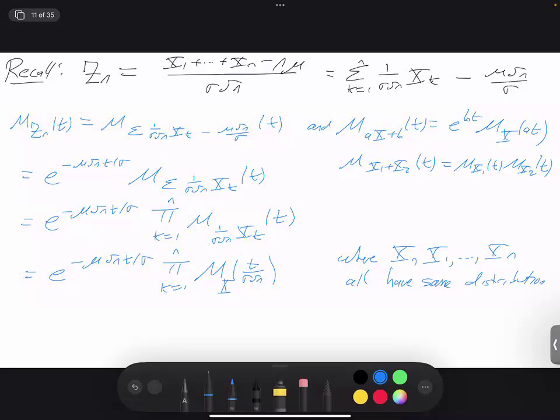The reason is we know that the random variables all are identically distributed. So the x1, the x2, the x3, it doesn't matter. They're all the same. So I'm going to just denote that by x. So this is now the same as e to the negative mu square root of n t over sigma, the moment generating function of x, evaluated at t over sigma square root of n, raised to the nth power. And that is the moment generating function of Zn of t.